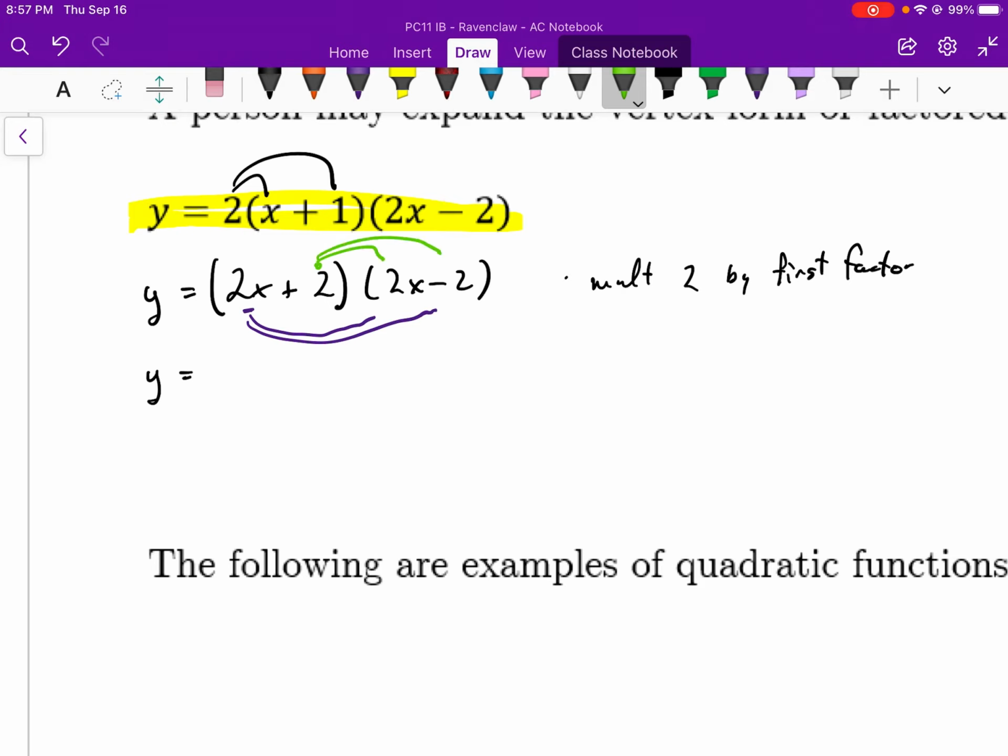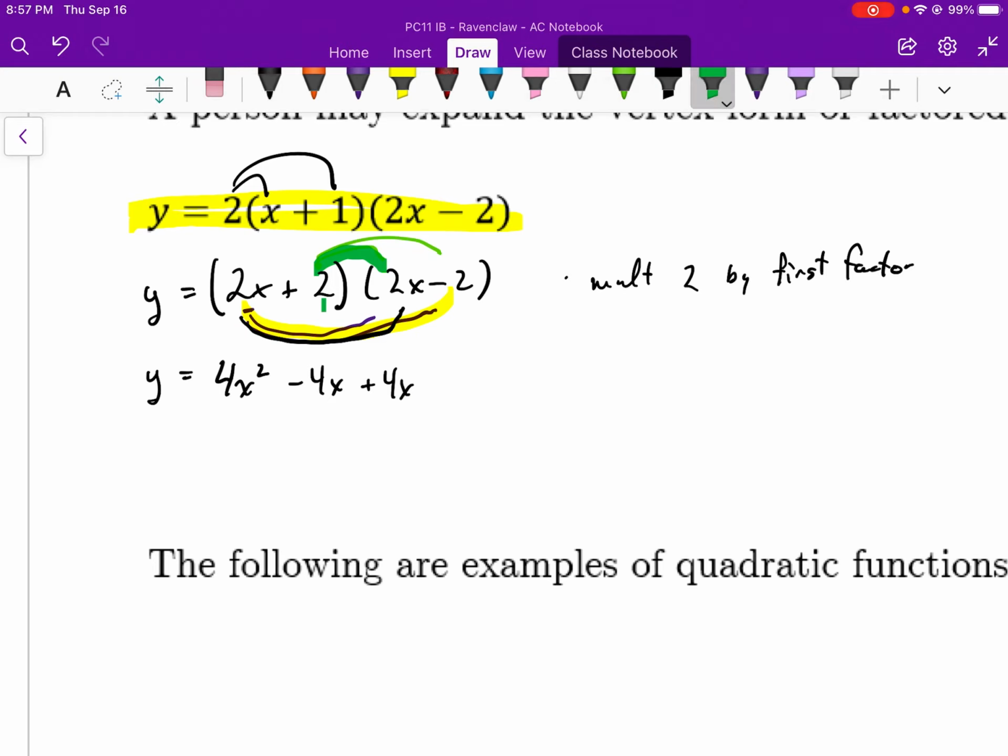Same here. So what we do have is 2x times 2x is 4x squared. Then 2x times negative 2 is going to be negative 4x. And I'm going to move over here. 2 times 2x is going to be plus 4x.